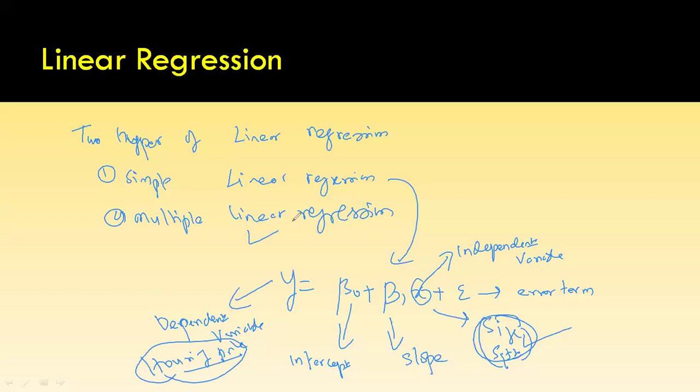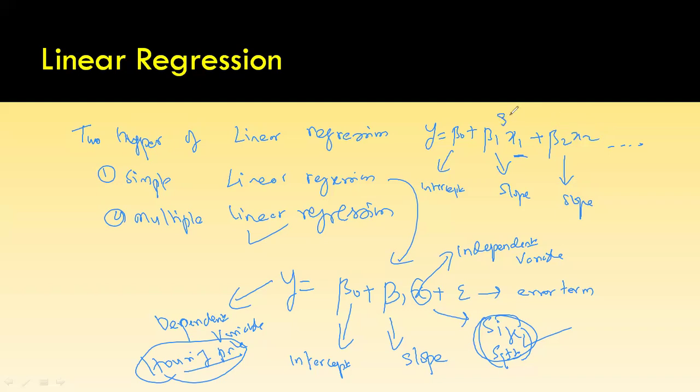In the case of multiple linear regression, it is the same equation, but you will have more than one independent variable, and beta 2 x2 and so on. Here, this is your intercept, and this is the slope of the independent variable x1, and this here is also a slope.